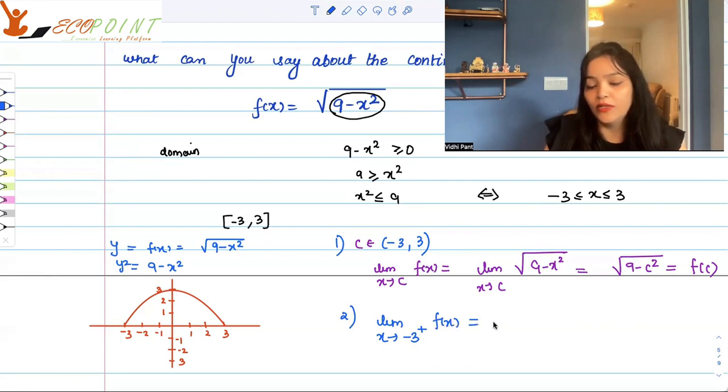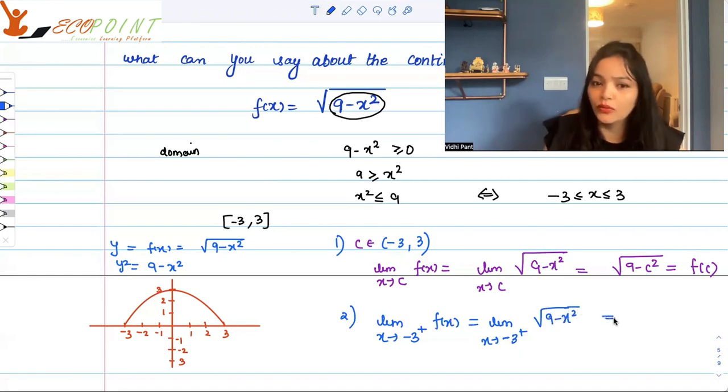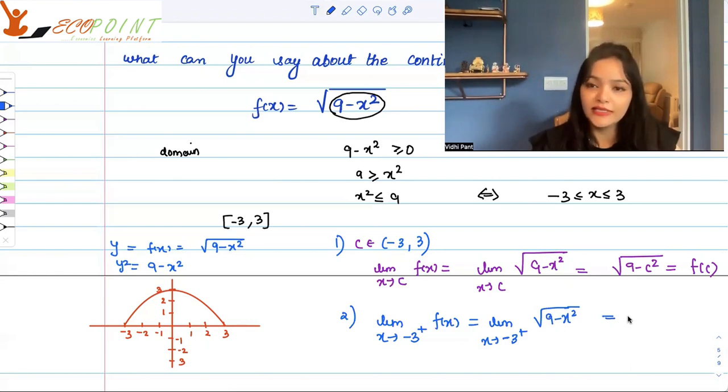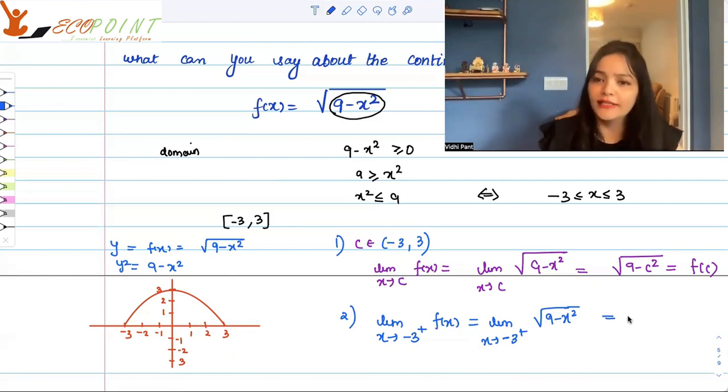And that's going to be the limit as x tends to -3 plus of the square root of 9 minus x square, which very much exists. Why? Because the interval starts from -3. -3 is the value that I can put here. And the moment I do that, I'll get the value of the function at -3, which is 0.